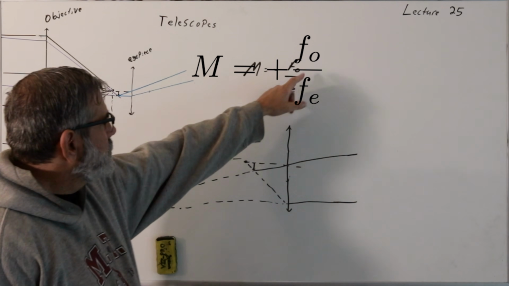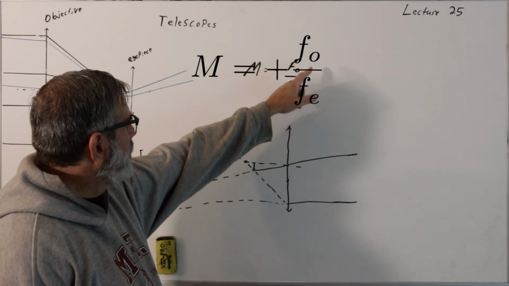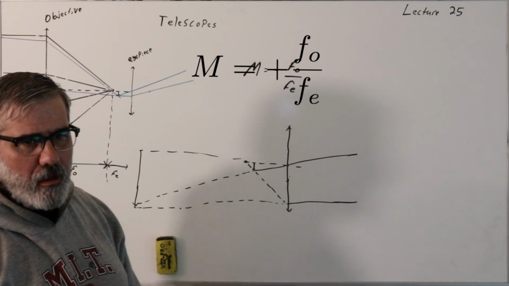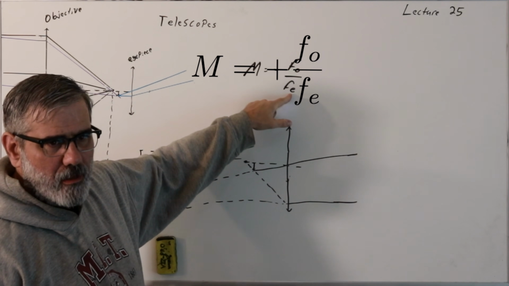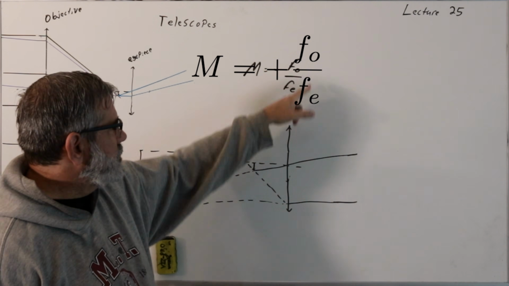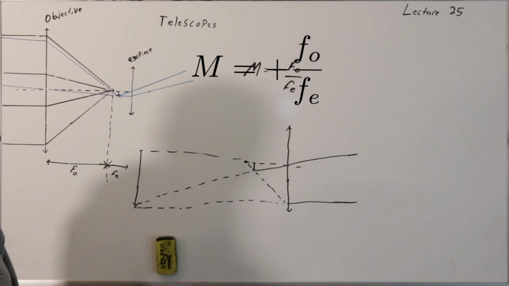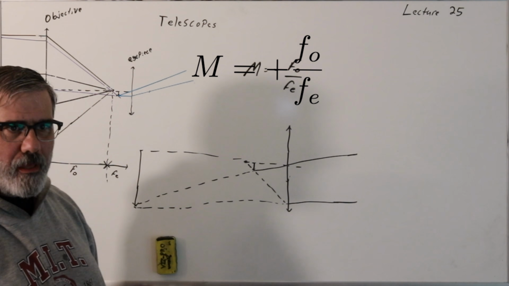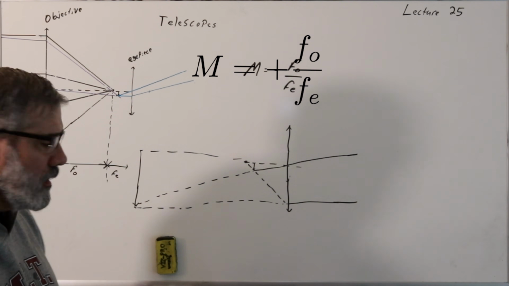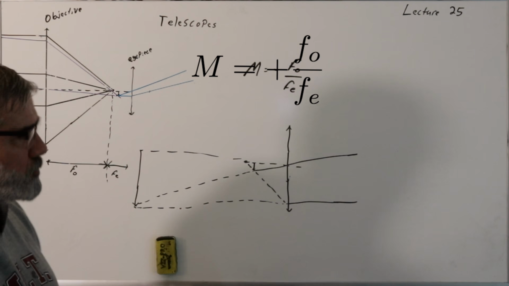So if we choose a long objective lens focal length and a very short eyepiece focal length, you see that this magnification gets bigger. That's why these two are as they are. I think if you draw pictures, you can see why that would be, and that's something you should definitely explore. All right, so next we'll talk about microscopes.